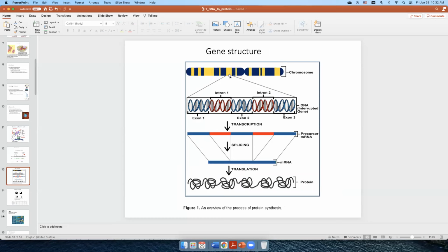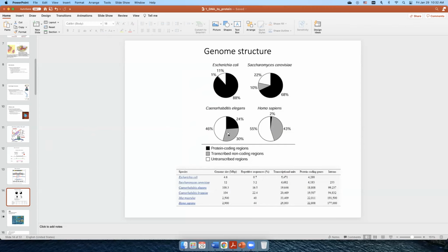And in the yellow part, it has introns, which are non-coding information. In this figure, it's shown in gray color. So for E. coli, you will see most of the information is useful, which is protein coding region. Only 11% of the information is untranscribed regions, and only 1% is transcribed but non-coding regions. So this is a low-level species.